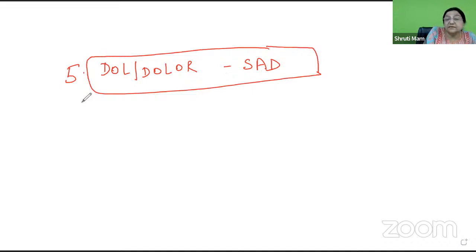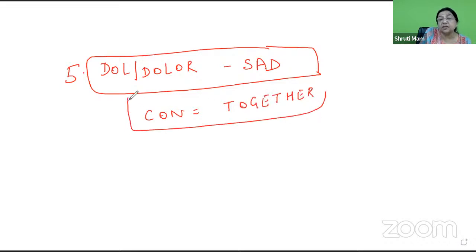Okay, so can we look at another word? Condole. I'm adding just another word, con, which as per the Latin means together. So can you see, when we do condolences, it is shared grief, or we are all sad together. Condolences. We are in your grief. We are standing together in the sadness. Condole.